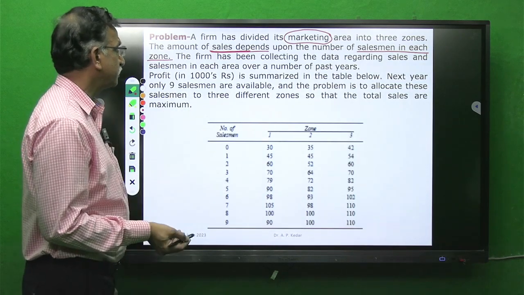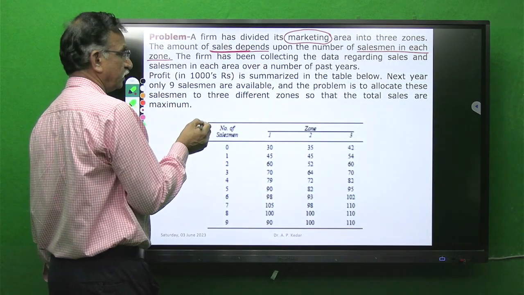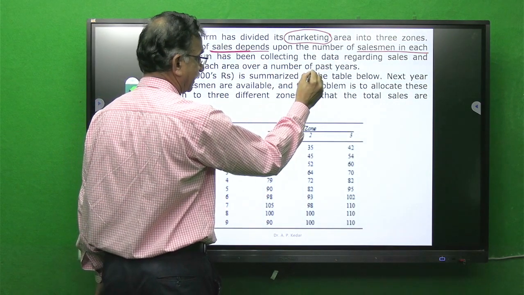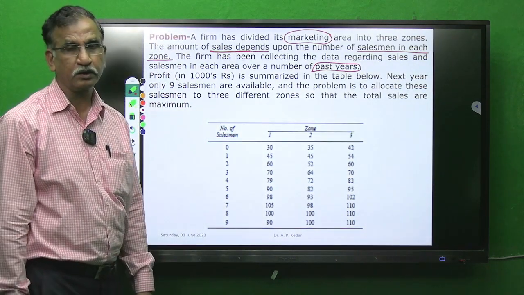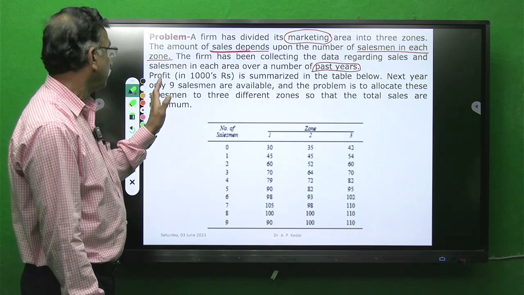Now from previous data, the firm has been collecting data regarding sales and salesmen in each area for past years. So based on their earlier sales record, they have some data available.